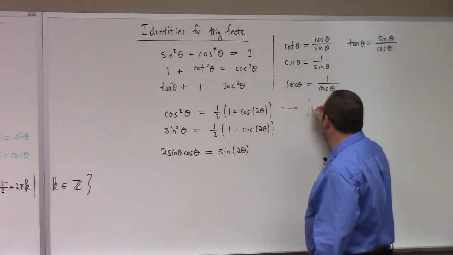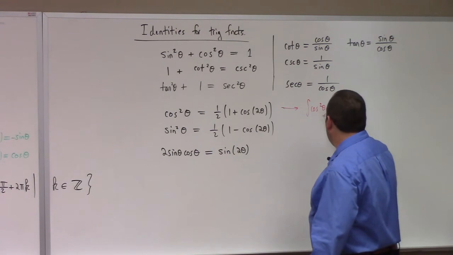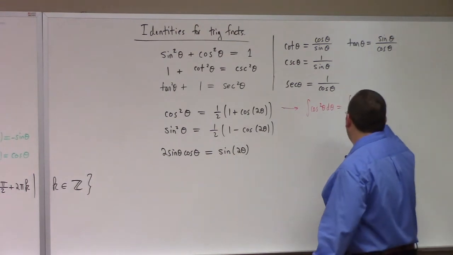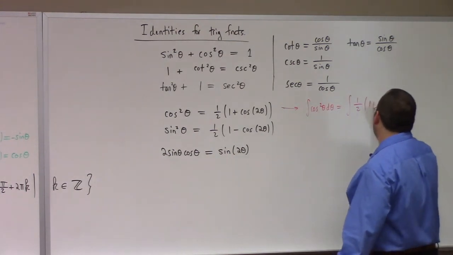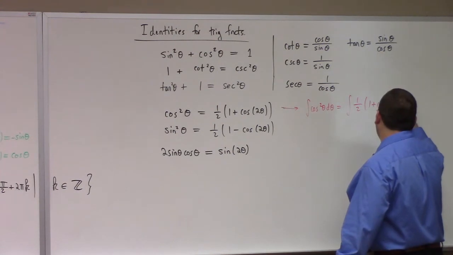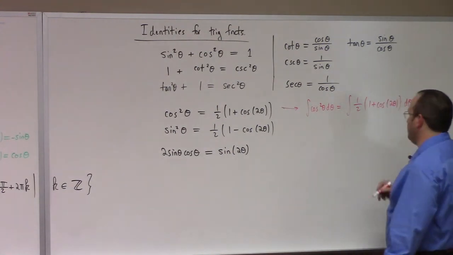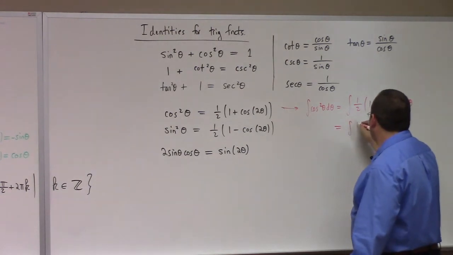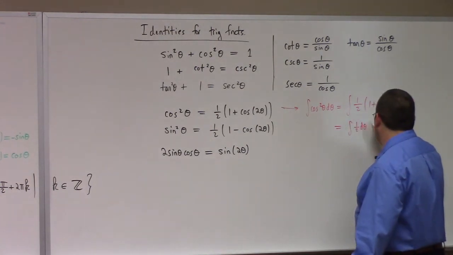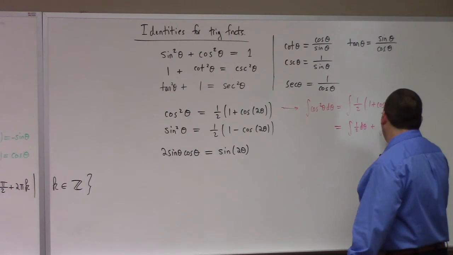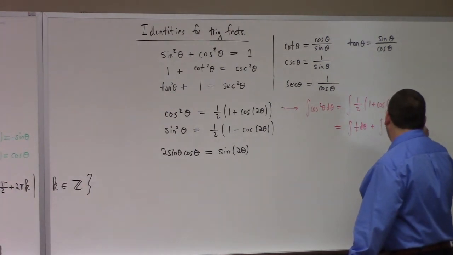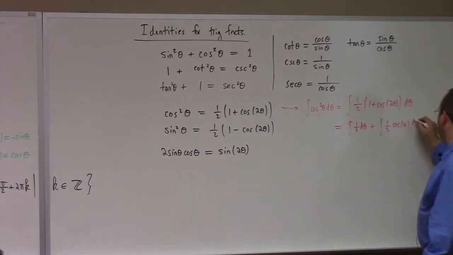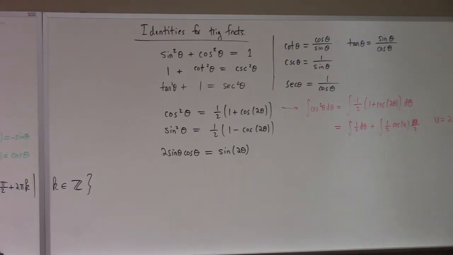Exactly. So the integral of cosine squared theta d theta is the integral of 1/2 times 1 plus cosine of 2 theta d theta, right? And that is the integral of 1/2 d theta plus the integral of 1/2 the cosine of u times du over 2, right? If we let u equal 2 theta, then d theta is du over 2.